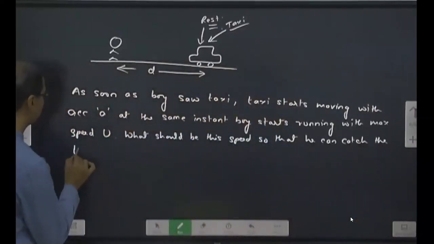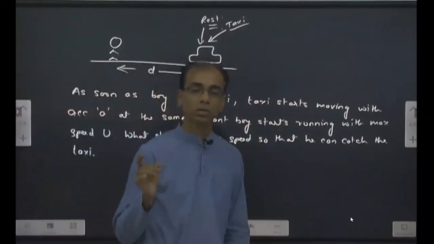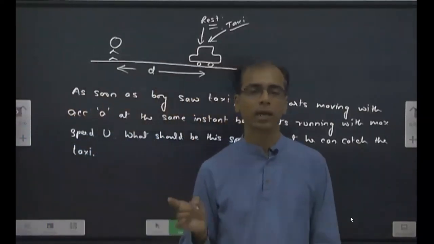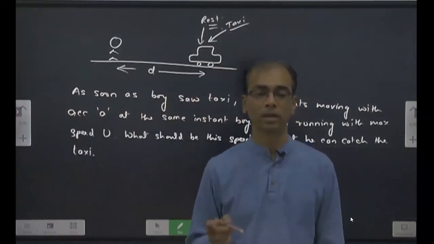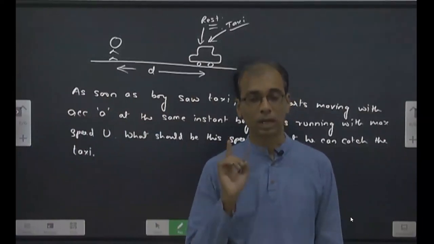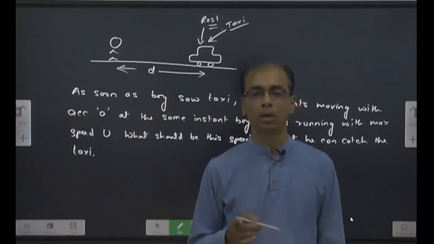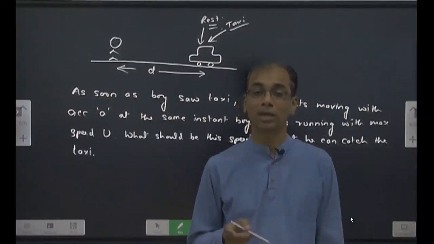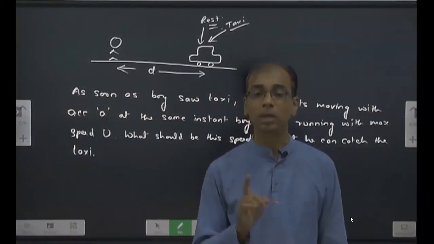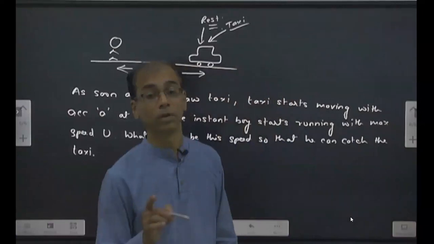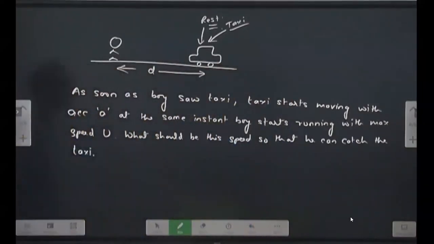So see, all the questions that we have done so far in this relative motion, it is always about two bodies and it is always about meeting, catching, overtaking. So that is a clue for you. Whenever two objects have to meet, overtake, or catch, then you have to use relative motion. Okay, it makes the problem solving easy for you. Okay, note this one.